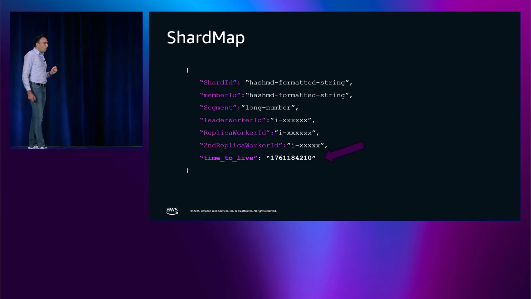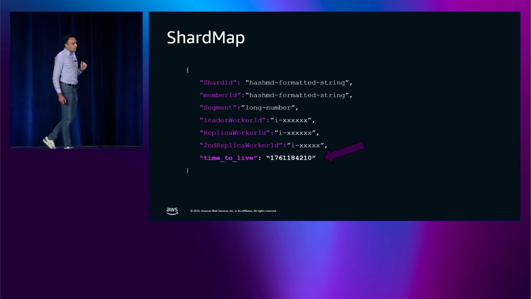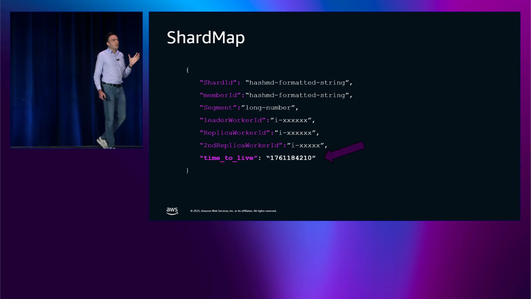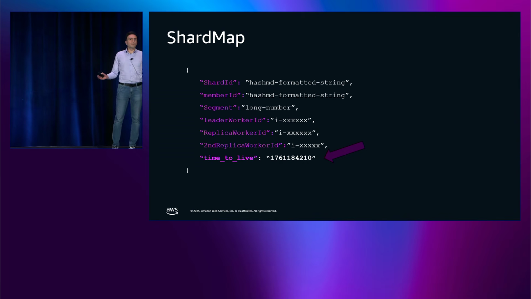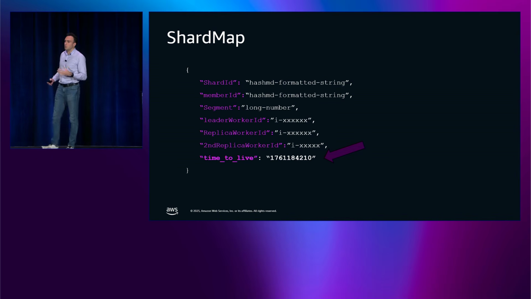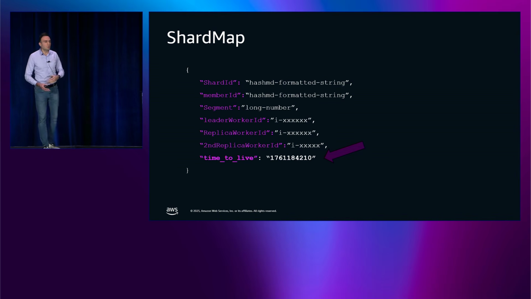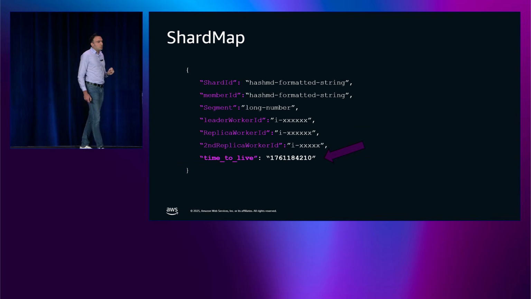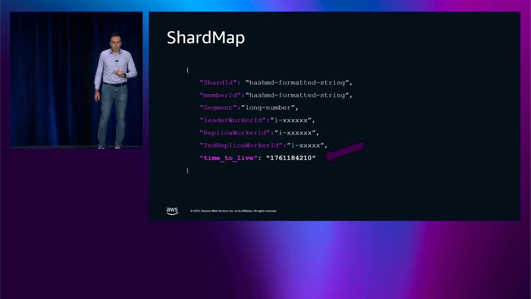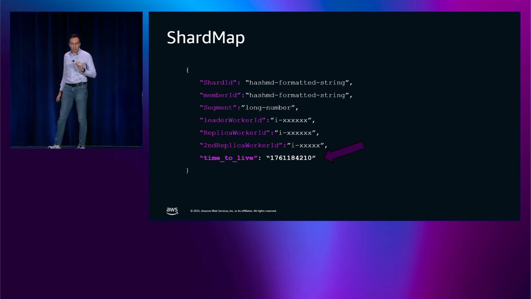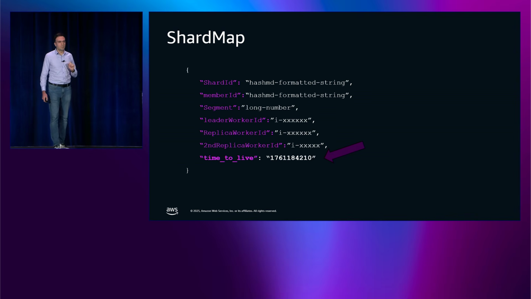The problem with that design is we are operating a distributed system, and this distributed system could go out of sync for many reasons. A node could fail, a change log could be replicated and get processed twice, or get processed out of order, and the system could get out of sync, and then it wouldn't work. So for that reason, engineers added additional information to the shard map entity to indicate how long this record is valid.